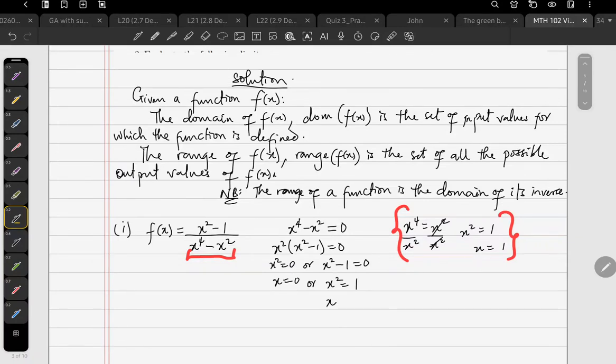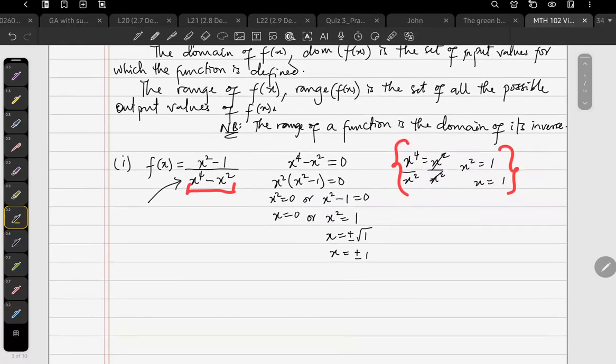So we have x is equal to plus or minus square root of 1, which means x is equal to plus or minus 1. So the odd numbers that we want to remove from the entire real line, and when I say odd, I mean numbers that will give us problems with this function, are 0, plus 1, and negative 1.